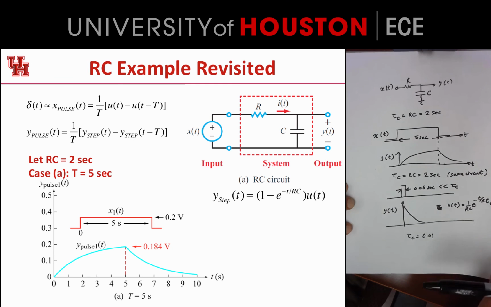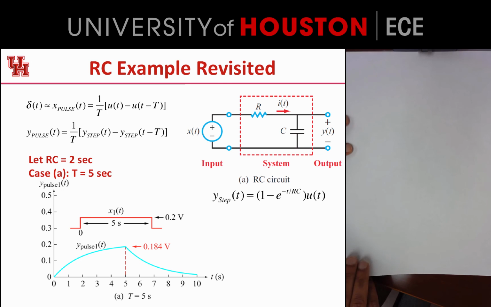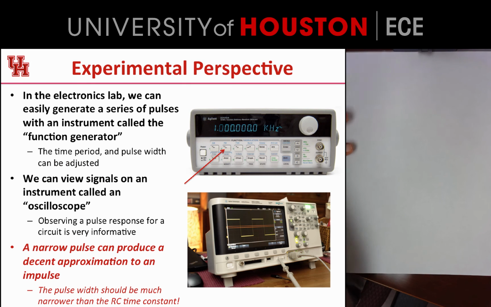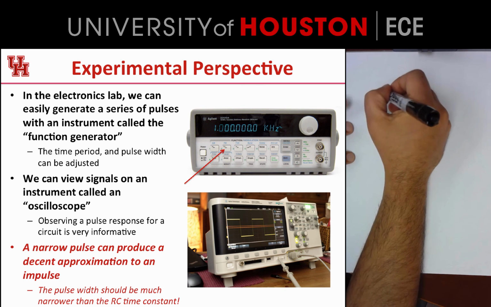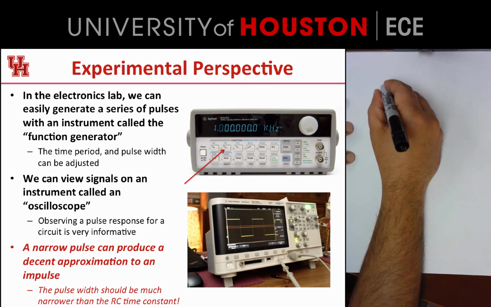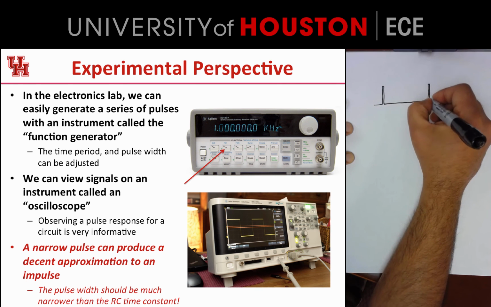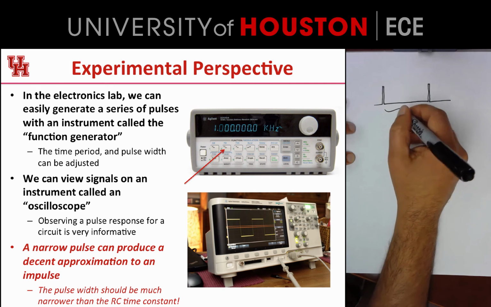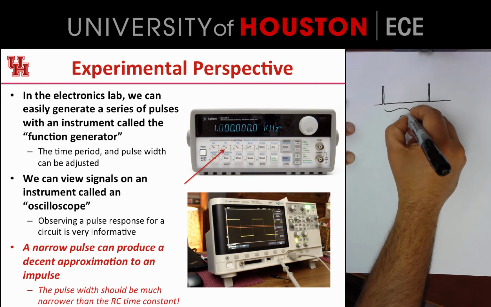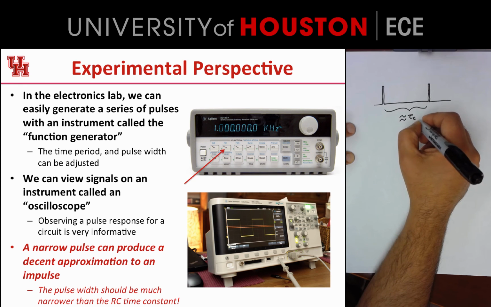So to summarize, if we go back to our laboratory setup, and I want to approximate a delta function, I want to make sure that the interval between the delta functions is of the order of tau c, probably more than that, maybe 5x should be okay.